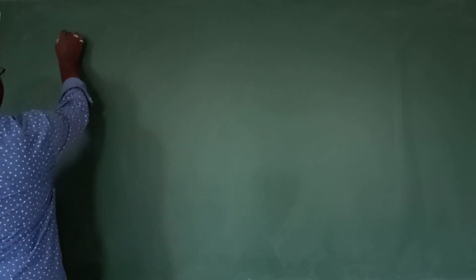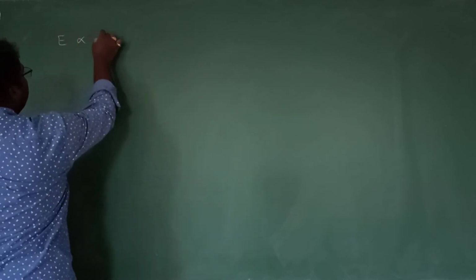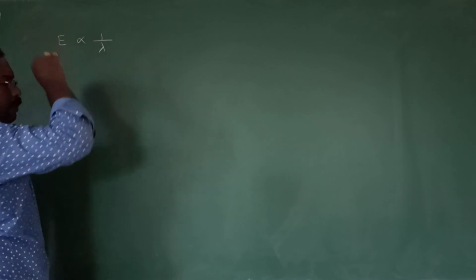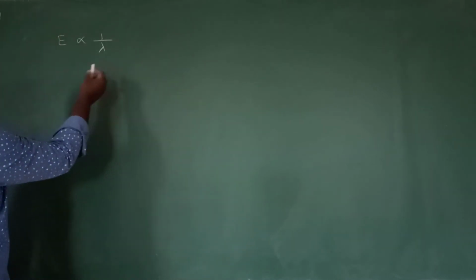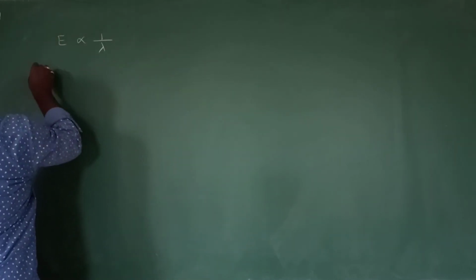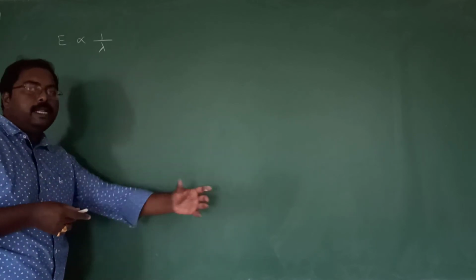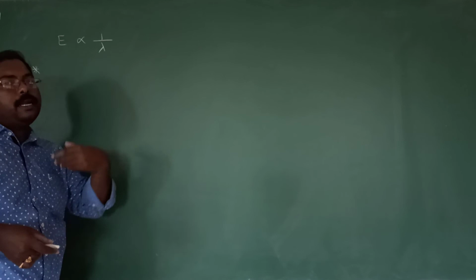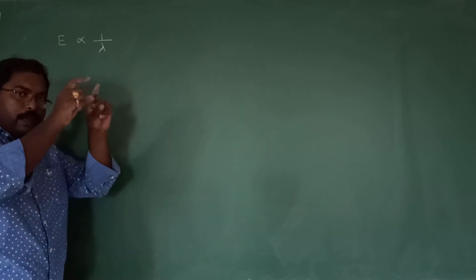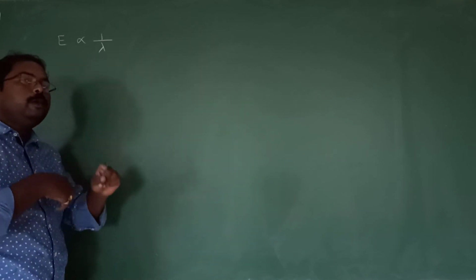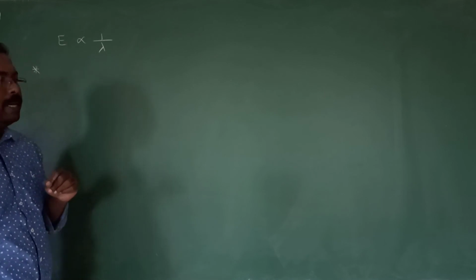Just now we came to know that energy and wavelength are inversely proportional. Now, note down one important thing. It is not a new formula; whatever relation we got, I am going to derive from it. I am going to give you a formula which will be useful to solve some types of problems.